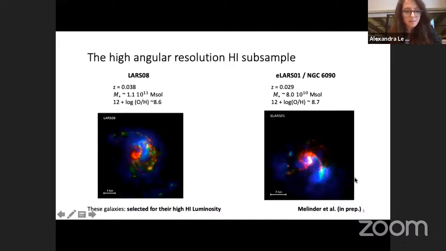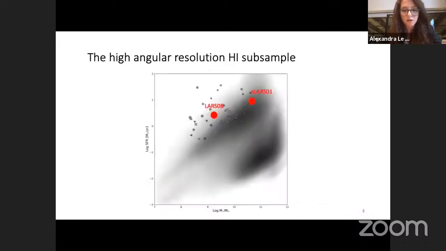You can see some nice HST color images on the bottom of those two galaxies, and the Lyman alpha is the fuzzy blue that you can see there. These galaxies were selected mainly for their very high H1 luminosity, which would allow us to do those high angular resolution observations. And now if you want to compare it to the diagram I showed you before, this is the position of the two galaxies on the main sequence.